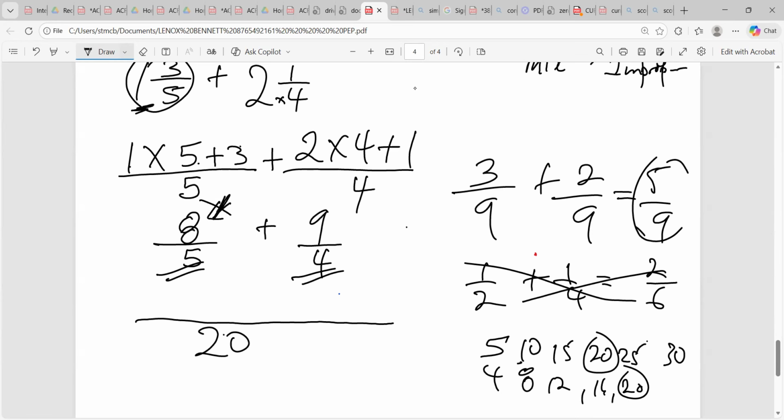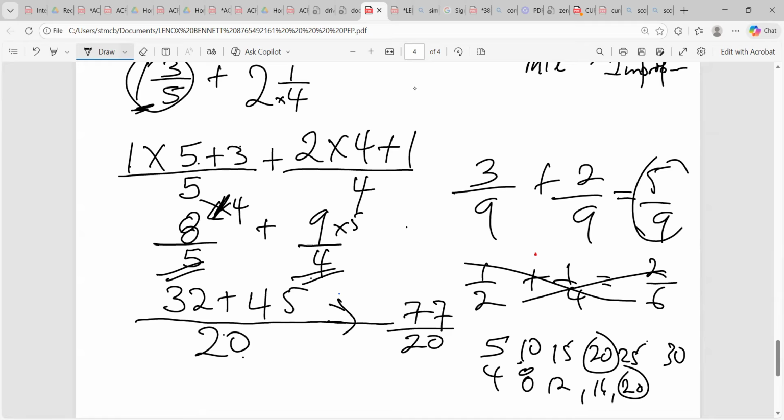So we multiply the numerator. So 8 times 4, 32. 4 into 20 goes 5 times. So 9 times 5, 45. Then of course we add. So 2 and 5, 7. 3 and 4, 7. 77 over 20.